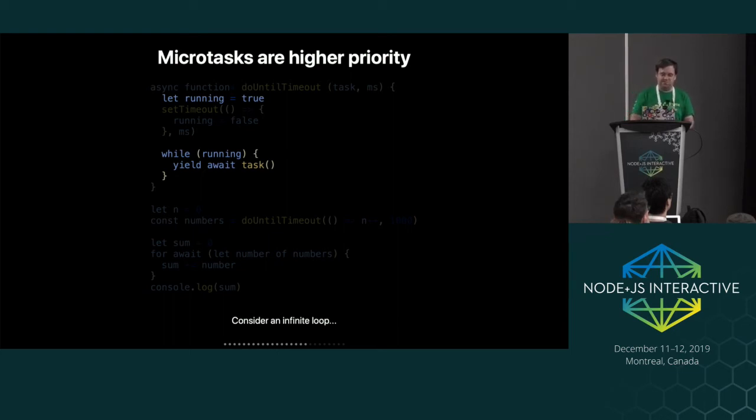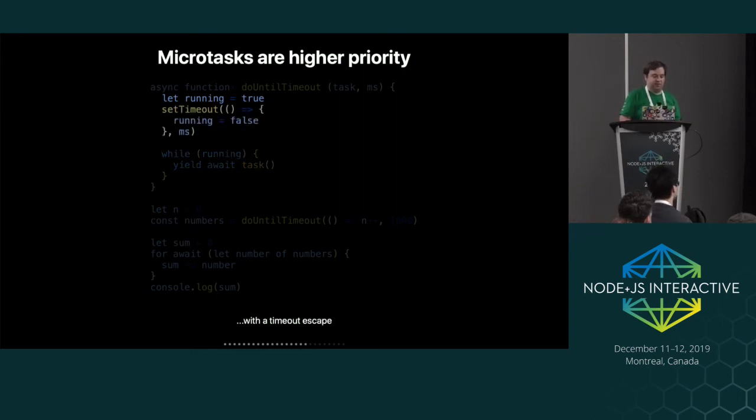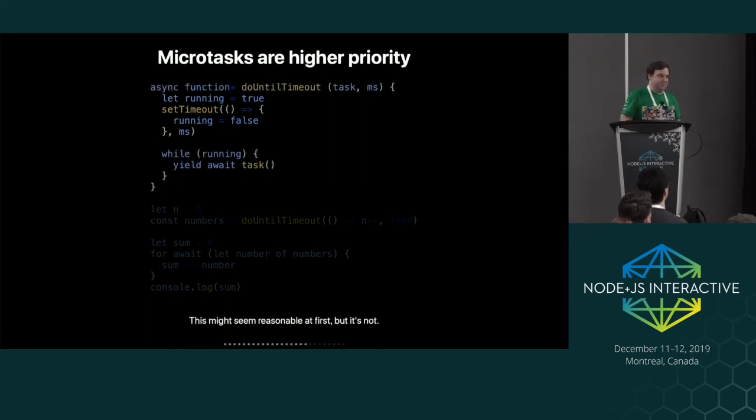What this means in practice is that you can do some things like in here. We have this function that we want to infinitely loop over and await some task, and we have this timeout that just sets a flag to tell it, when it reaches this timeout, to stop running the loop. So do you think this works?